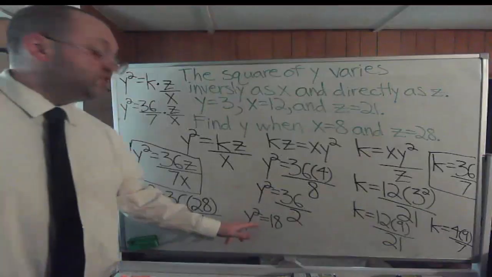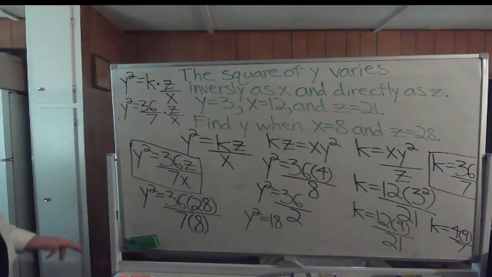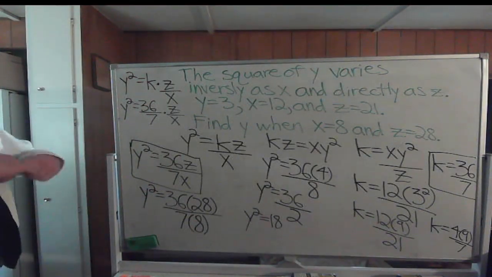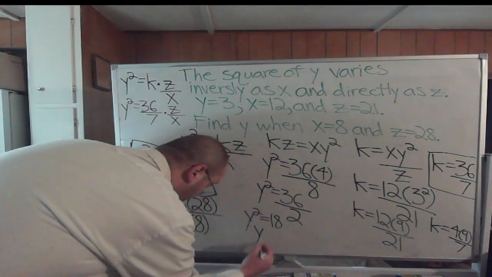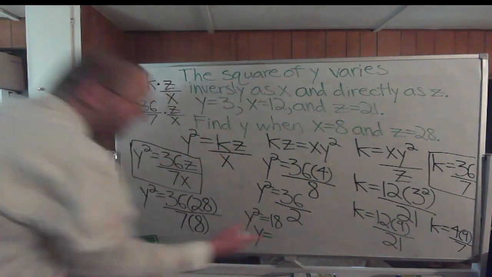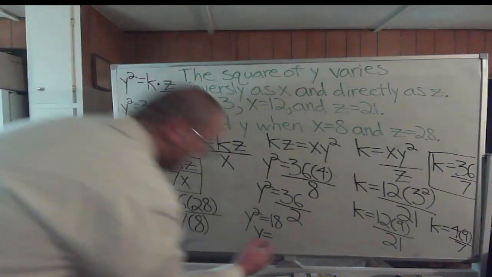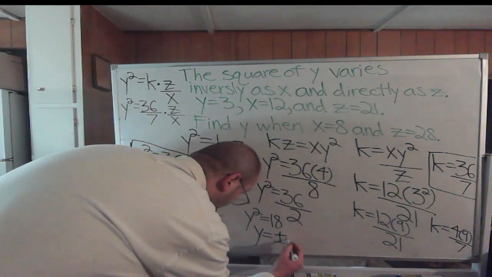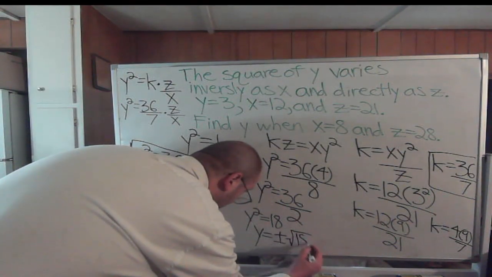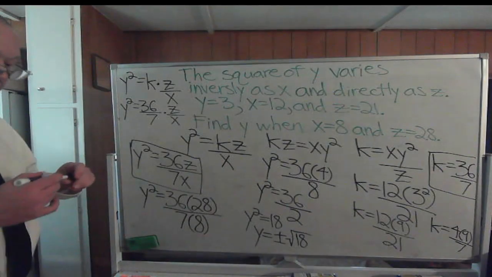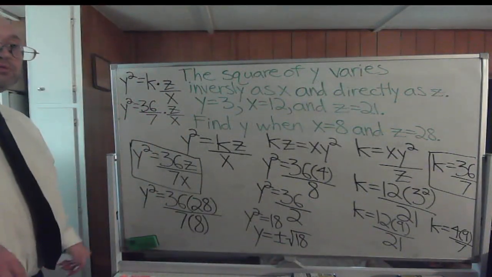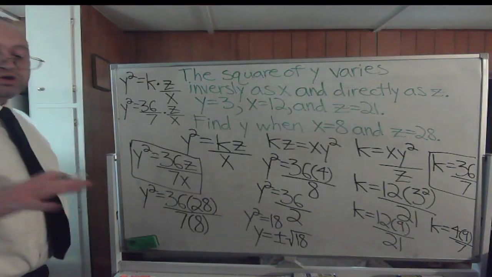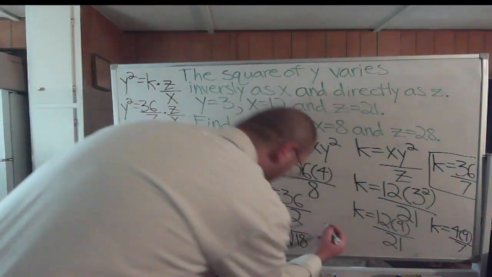In order to find just y, you need to take the square root of both sides. So take the square root of y squared, you'll get y. But remember, when you have a quadratic, you take both plus and minus the square root of the right-hand side. So y equals both plus and minus the square root of 18, which we know is not a perfect square. So we're going to round our result to 1 decimal place.